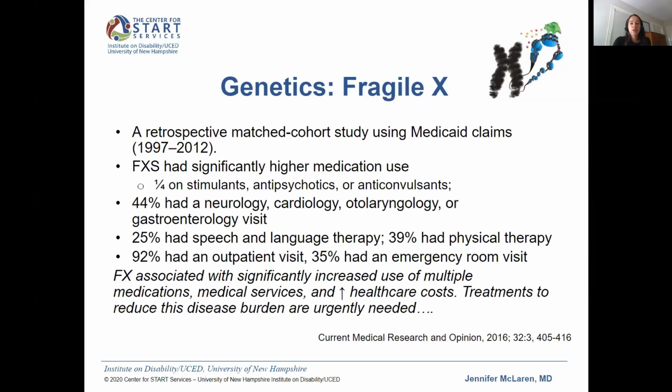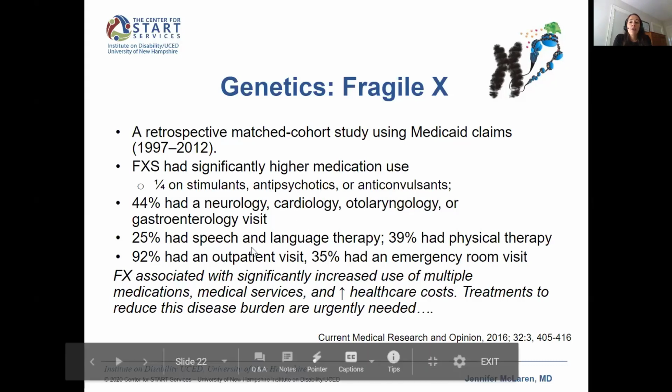Fragile X, which I'm sure many of you will have individuals on your caseload with, is the most common inherited form of intellectual disability. Fragile X is a really complicated disorder because individuals with Fragile X have other significant co-occurring medical and mental health issues. This is a study that looked at individuals with Fragile X and their co-occurring issues.